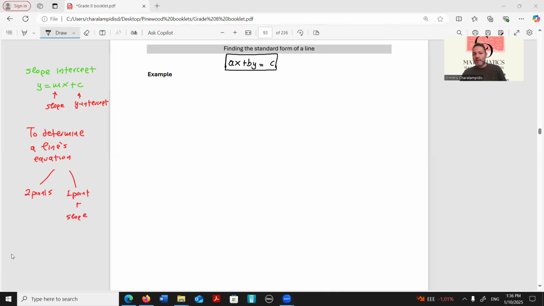So similarly, if we want to find the standard form of a line, that's all we need: 2 points or 1 point and the line's slope.